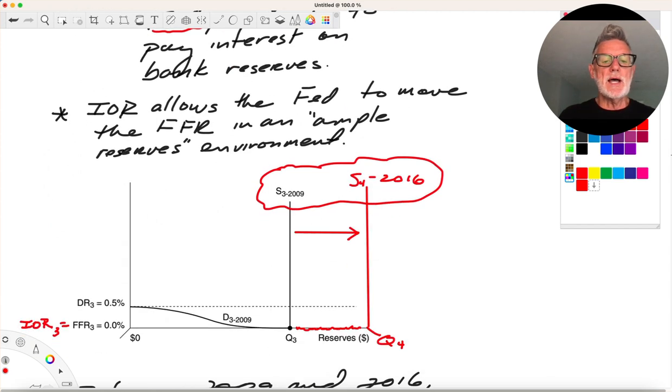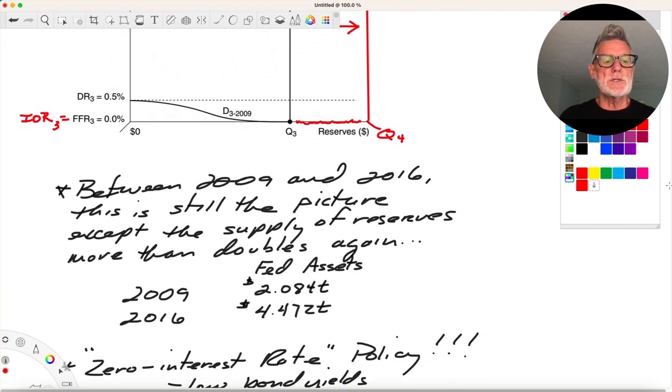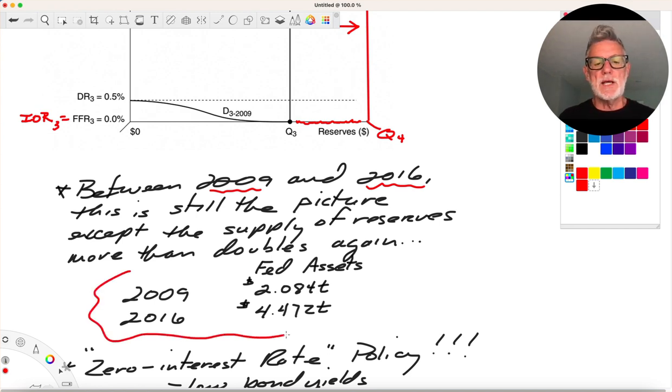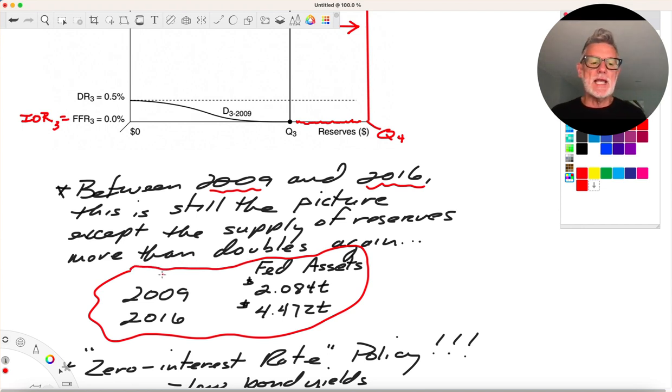But between 2009 and 2016, and I'll come back to this picture in just a minute, the Fed is still working with what it considers to be a fragile banking system. So notice that between 2009 and 2016, the Fed's assets, again, more than double. And we talked about this in the last video, where between 2007 and 2009, the Fed's assets doubled from less than $1 trillion to more than $2 trillion.